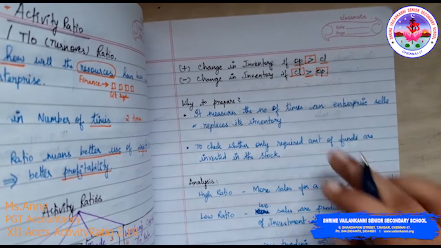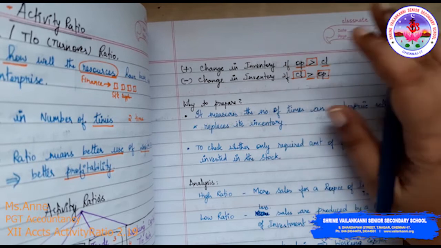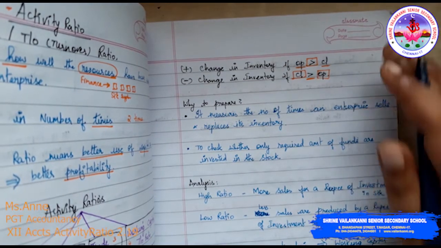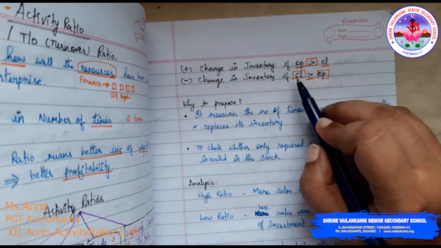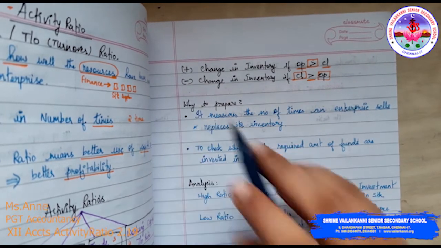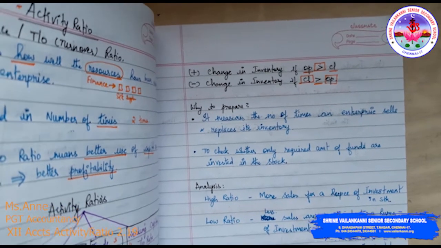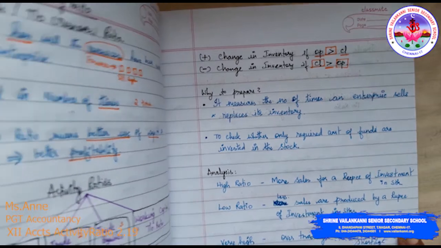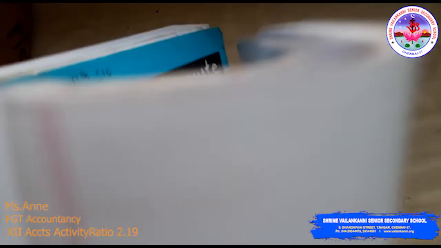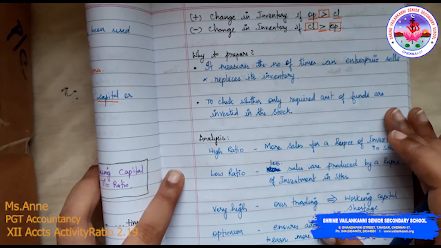Please remember this, have a pictorial representation of what we have done: opening more than closing, add; closing more than opening, less. I'll tell you when we are working out the problem why we are doing this. For now you don't bother about it, you just have registered in your mind what we are trying to say.